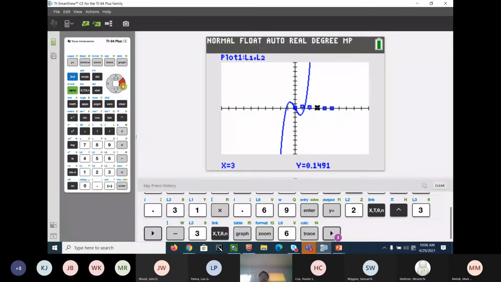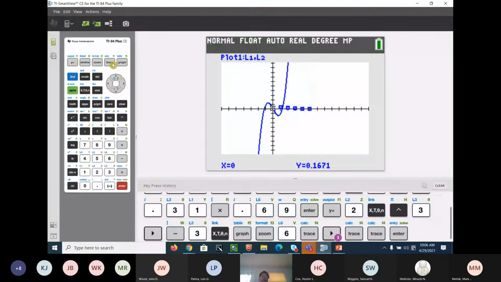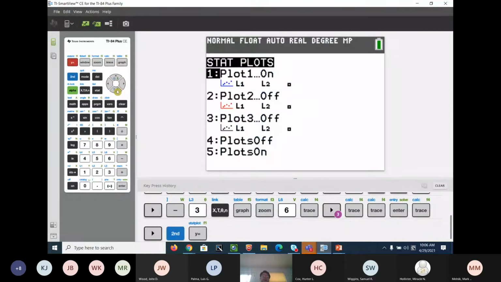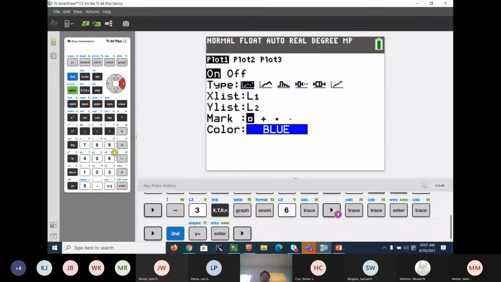Oops. I don't want that. Hold on a second. Stat plot off. There, graph.